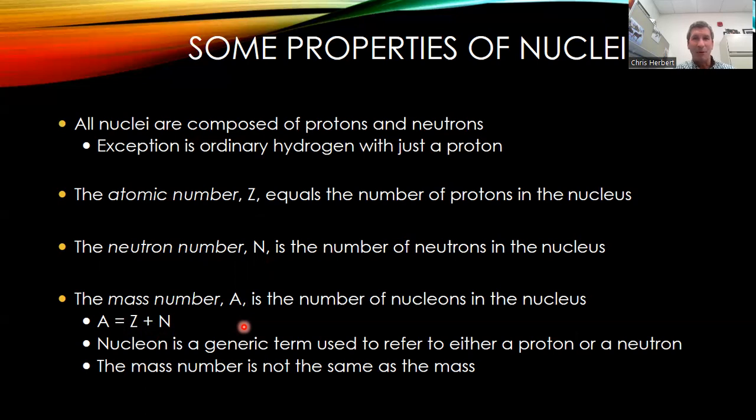I think I'm at fault at sometimes just calling the mass number the atomic mass. Obviously, the mass of the nucleus is not exactly an integer value, but A represents really the total number of nucleons at the center of the atom.